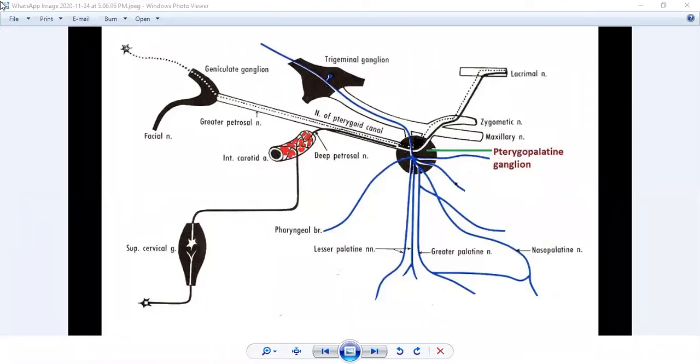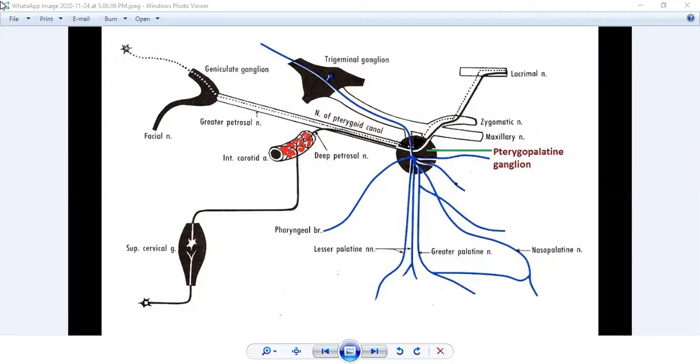It will pass through that canal, get to the middle ear, and then give a branch from the promontory. Maybe you may not be clear with what I'm saying, but there is a nerve coming from the facial nerve. Then once it gets to the pterygopalatine ganglion, it will give a branch, the greater petrosal nerve, that will go to the upper right corner.